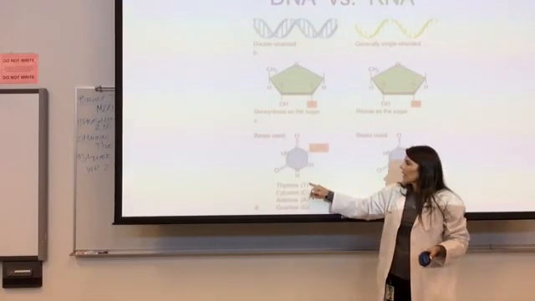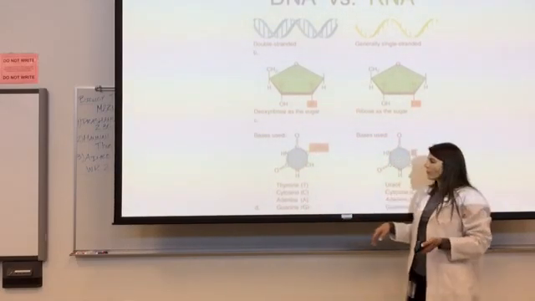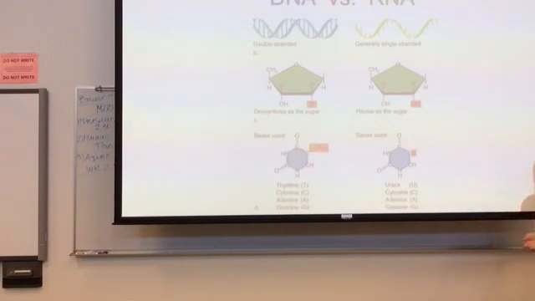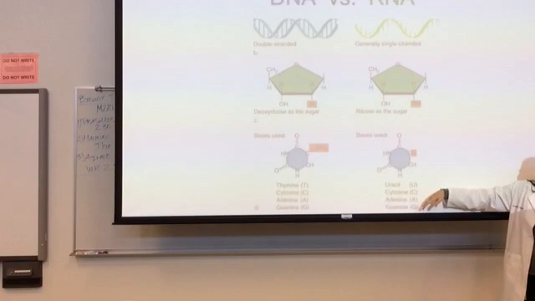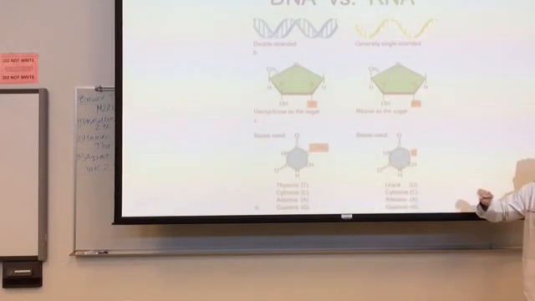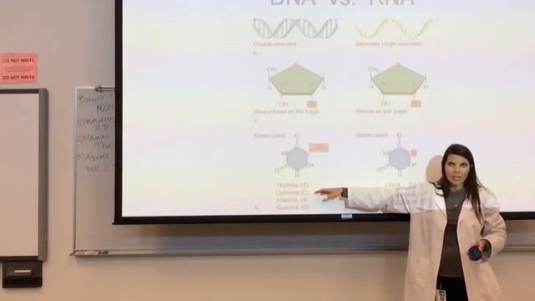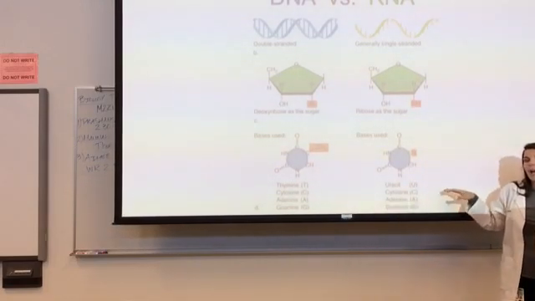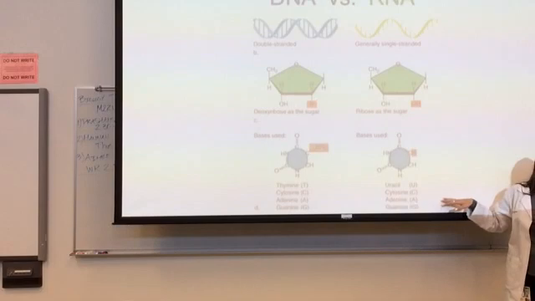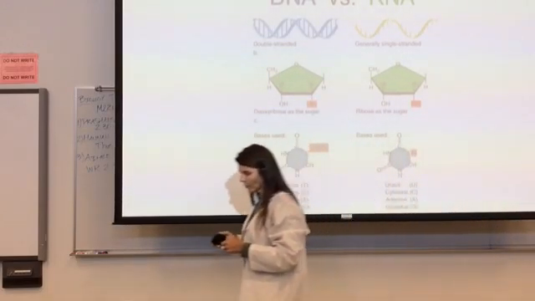And usually, we will reference them just by the first letter, like A, T, C, G. For RNA, the bases that are used are the same except we have uracil, which is U, instead of thymine, which is T. So RNA has A, U, C, G: adenine, uracil, cytosine, and guanine.